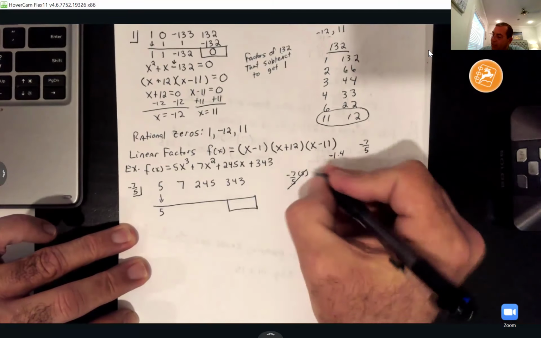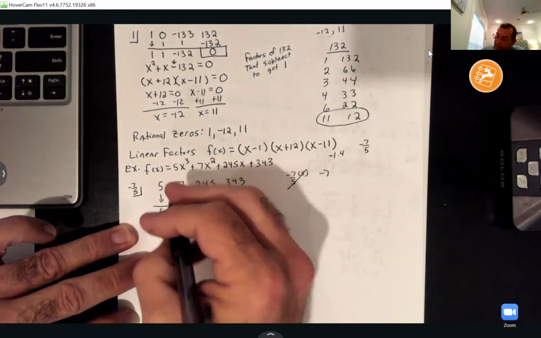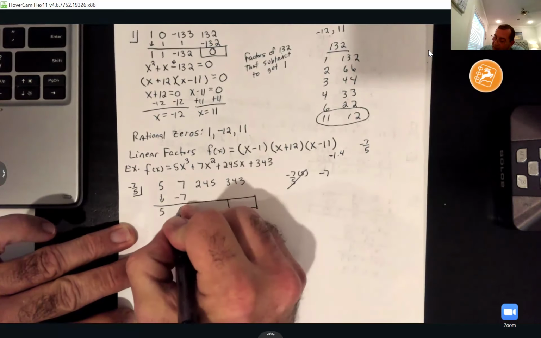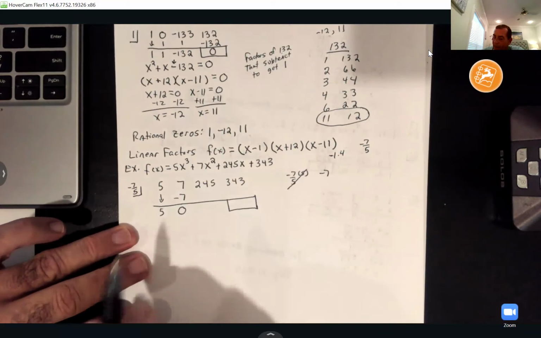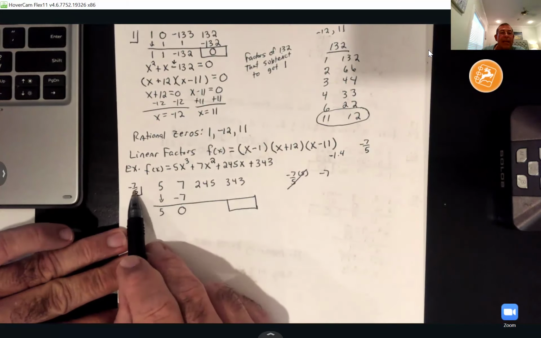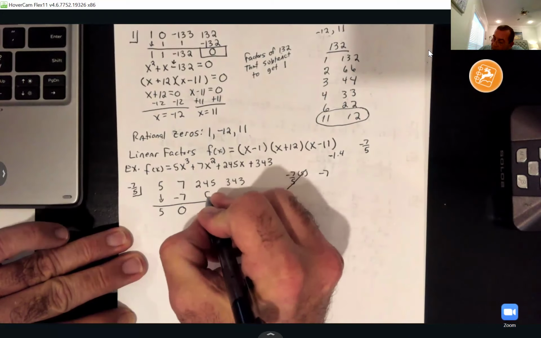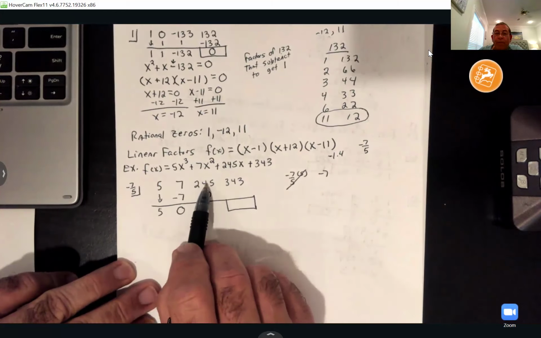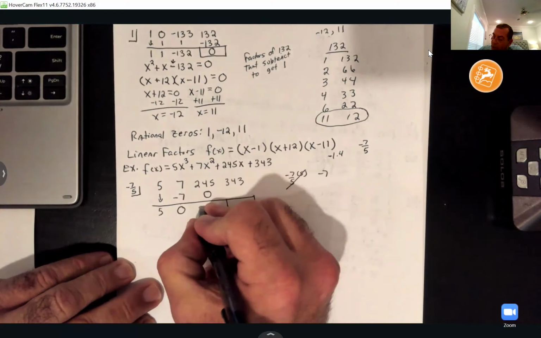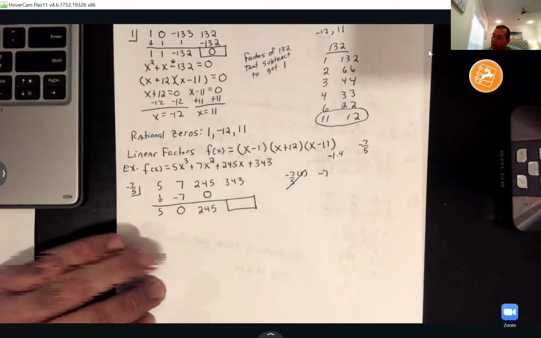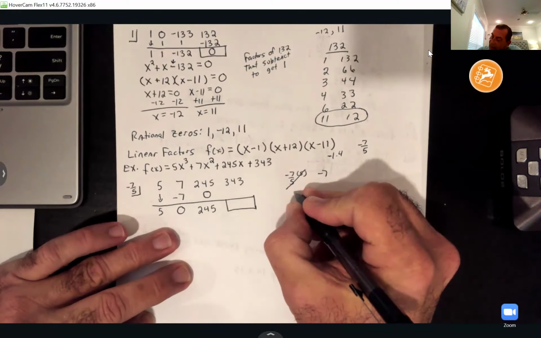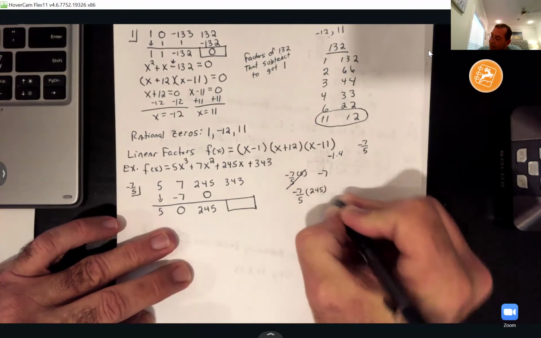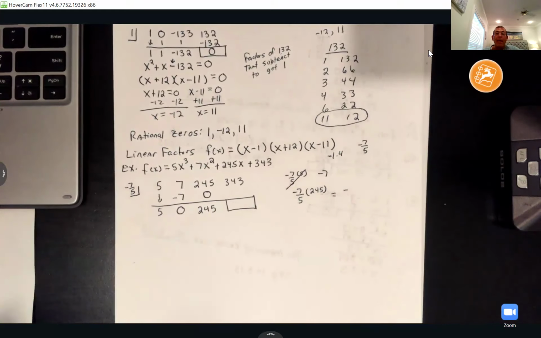Them 5s cancel, and you end up with a -7. 7 and -7 give me a 0. 0 times -7/5 is 0. All right, y'all. 245 and 0 give me 245. So now we got to multiply that -7/5 times 245.